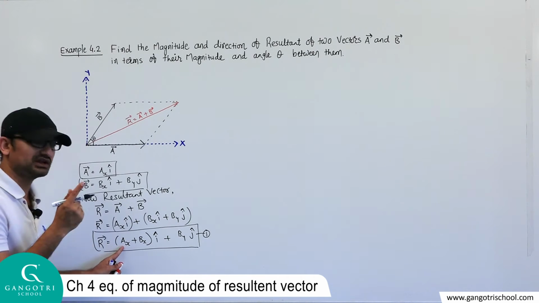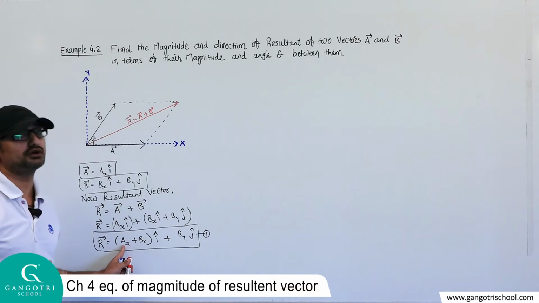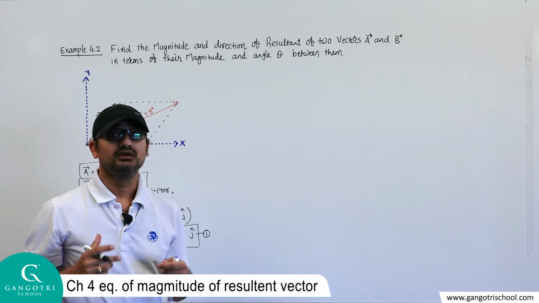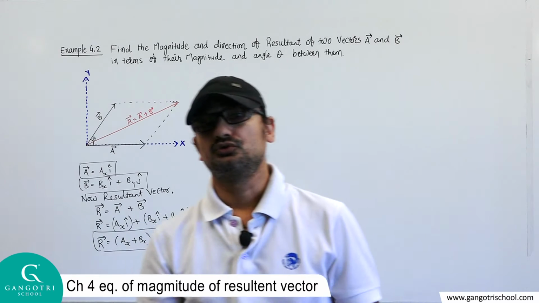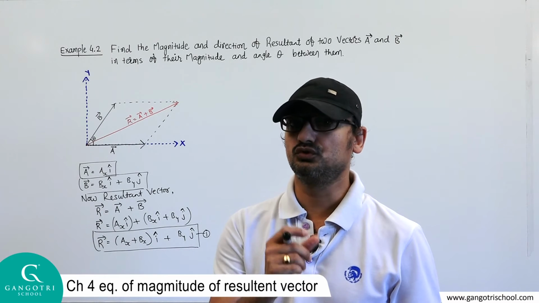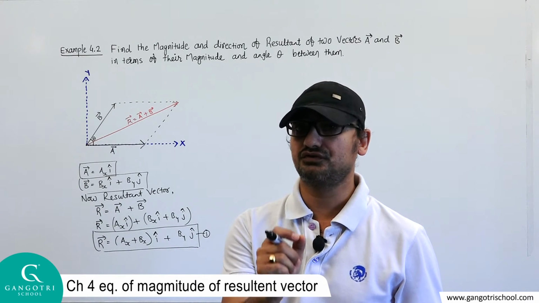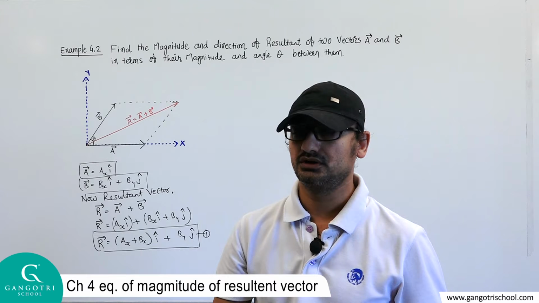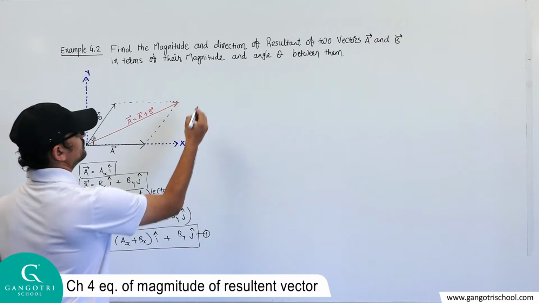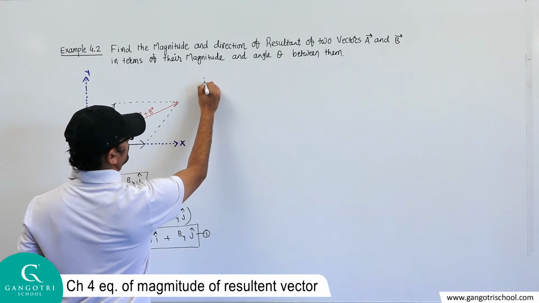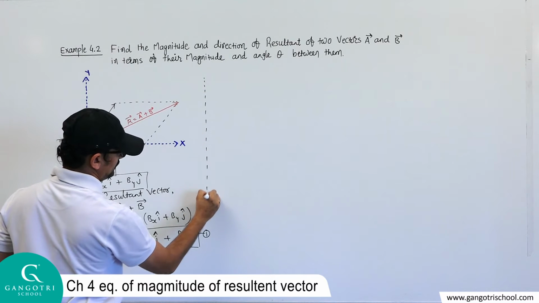But we would like to find the magnitude of the resultant vector. Now dear student, try to remember the previous topic, how to get the magnitude. To get the magnitude, we know the rule, the square root of the sum of the squares of the components gives the magnitude of the resultant vector. So now let's find the magnitude of the resultant vector.